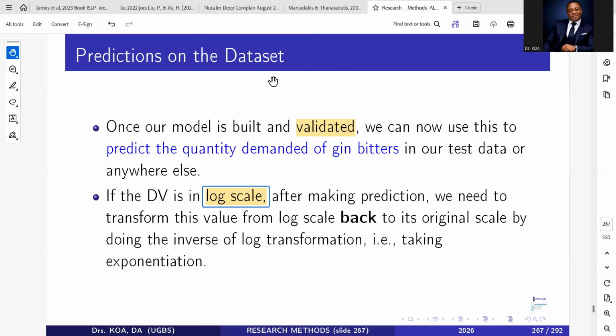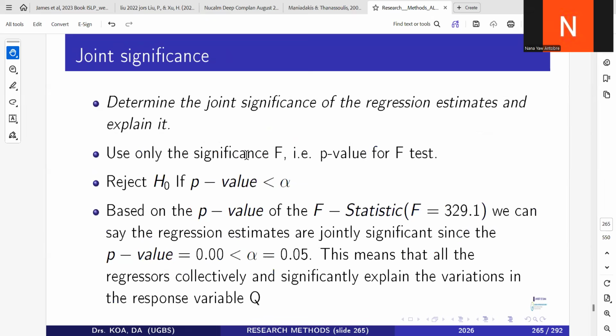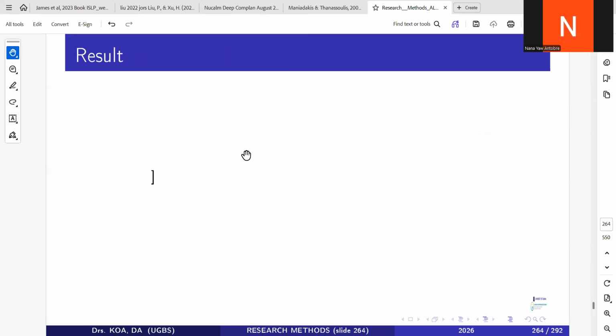There are 2 reasons why we do regression. Who can tell me? Yes, Nanaya. Doc, sorry, just concerning the interpretation we give on the Muslim, I didn't get it.